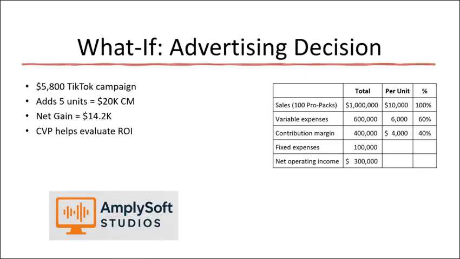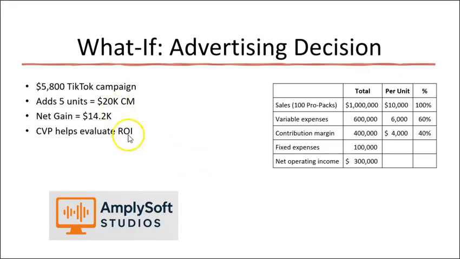Some of the beauty of the CM income statement is that it allows for a variety of quick what-if scenarios. Suppose they're considering a $5,800 TikTok ad and they think it'll bring in 5 extra Pro Packs. Should they do this? Well, let's look at it. If they sell 5 extra Pro Packs, they would get $4,000 of contribution margin per pack, or altogether $20,000 of additional contribution margin.